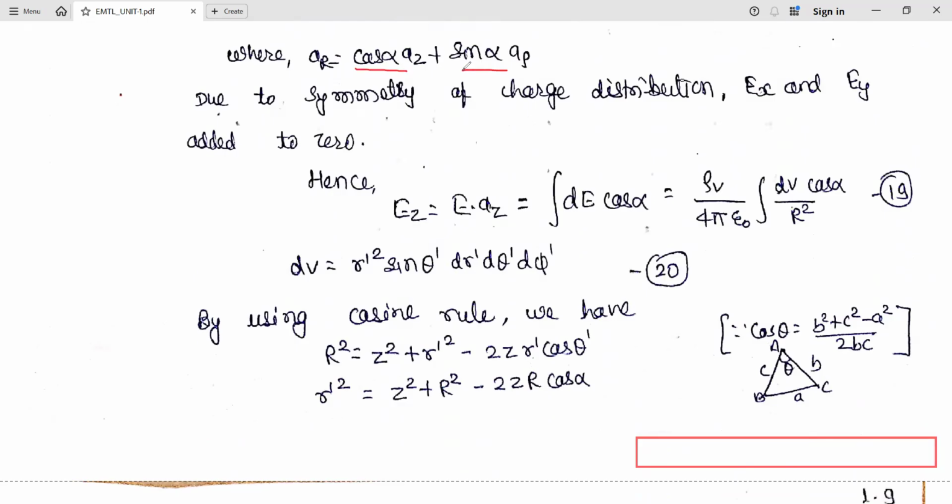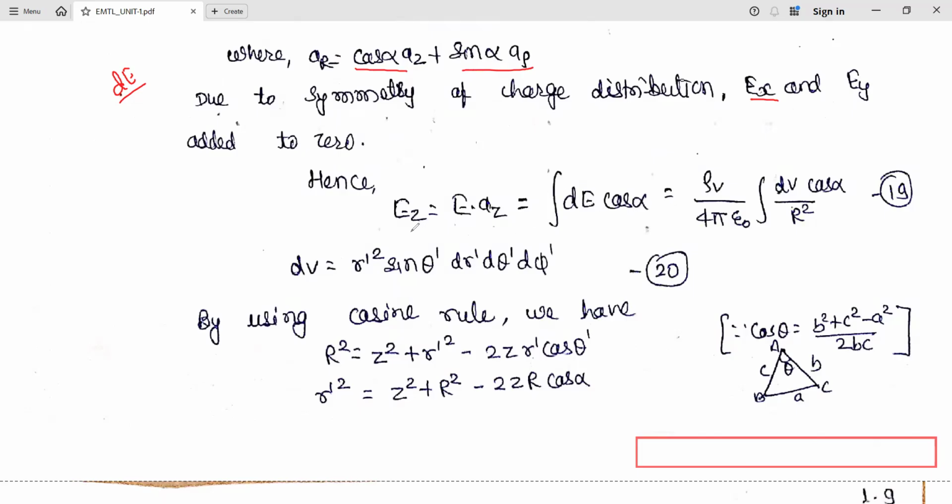Due to symmetry, EX and EY add up to 0. In Cartesian coordinates, if you resolve dE, it will have three components X, Y, Z. Only the Z component is available, and X and Y are cancelled out due to symmetry.